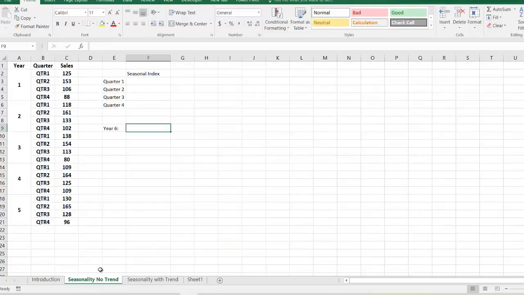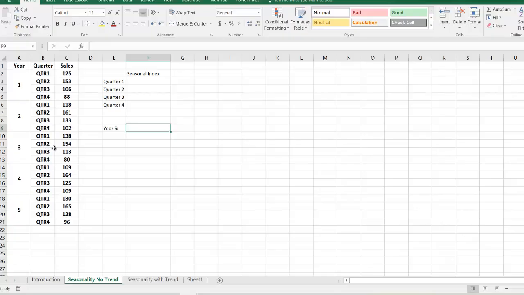First, we're going to calculate a forecast for seasonality without trend. For this case, we have a 5-year data of sales divided into quarters. The first objective is to calculate the seasonal indices of the time series.